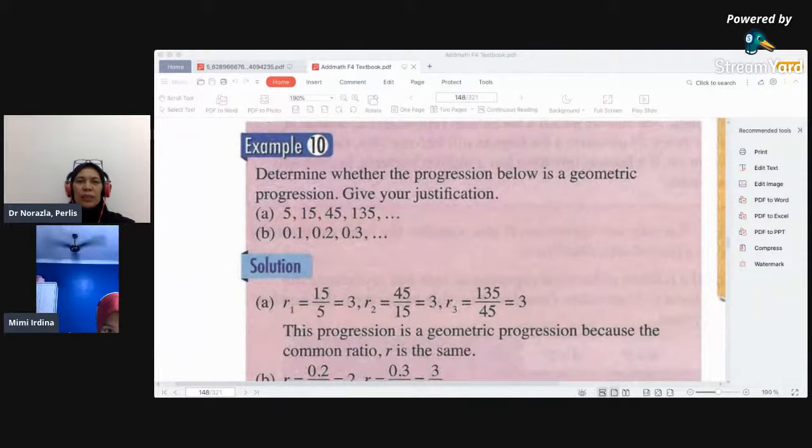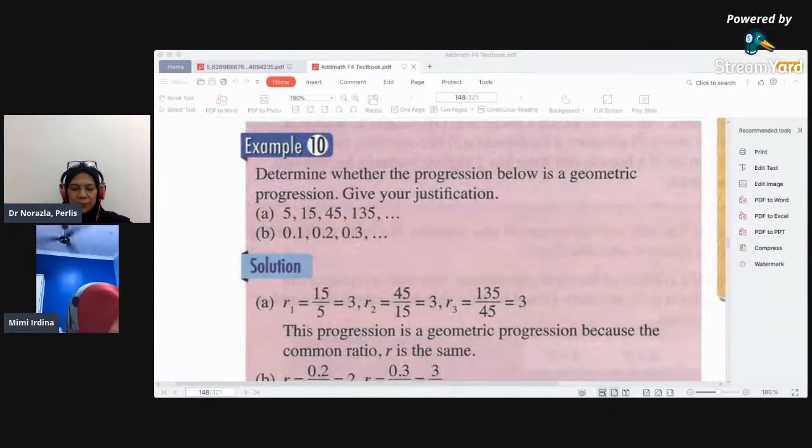Okay. Lepas tu cikgu rasa mungkin sebab telefon tu jauh jadi mungkin tak berapa nak dengar. So rasa kena dekatkan sikit kot. Alright. Okay. Do you have another part to explain?